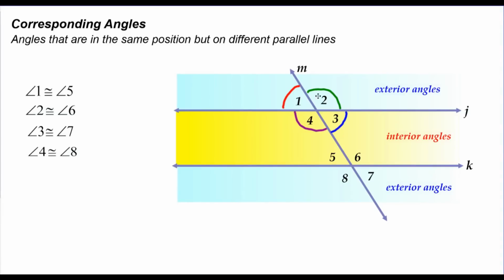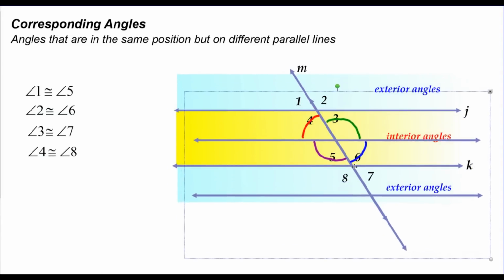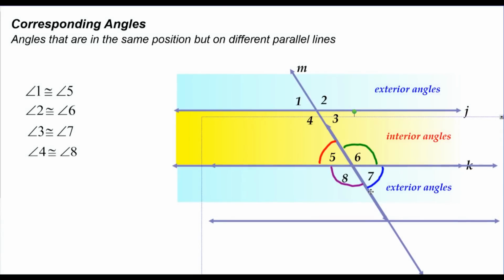So you'll notice that angle 1, angle 2, angle 3, and angle 4 are all angles that are on line J. They all use line J as one of their sides, and none of them use line K. But if we were to take this and slide it down so that all these angles were on line K, you can see that there's some matching angles here. Angle 1 pairs up with angle 5, angle 2 pairs up with angle 6, angle 3 pairs up with angle 7, and angle 4 pairs up with angle 8.